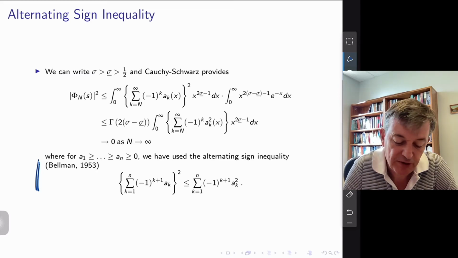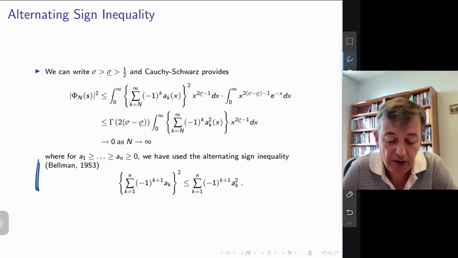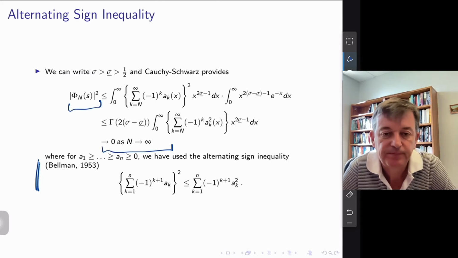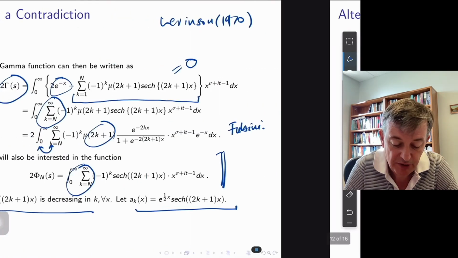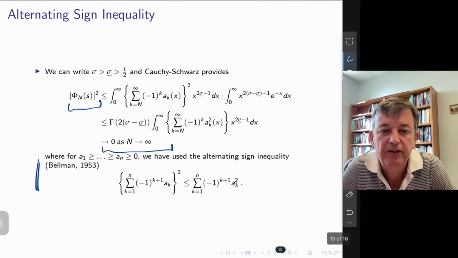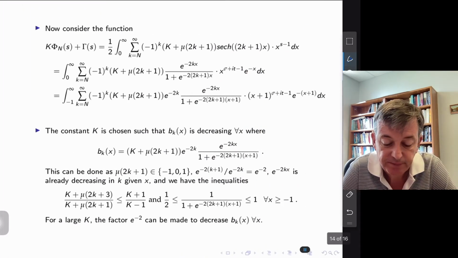If I have a decreasing sequence of terms, we have the alternating sign inequality. Why is that useful? Because I want to prove that the error term tends to zero. Let me remind you that this error term doesn't have the Mobius function in it, the gamma function does. So this is a rather simple but cute application of Bellman's alternating sign inequality.